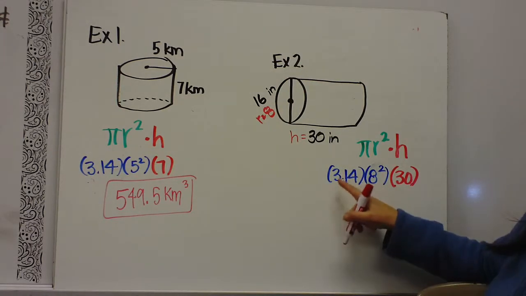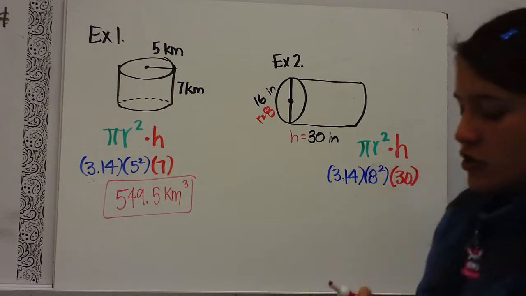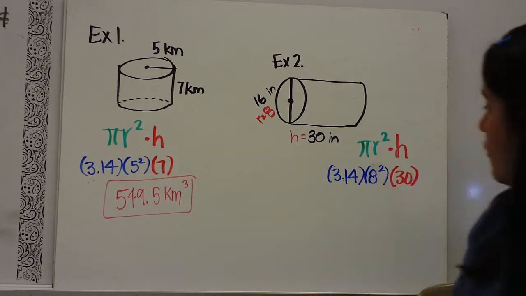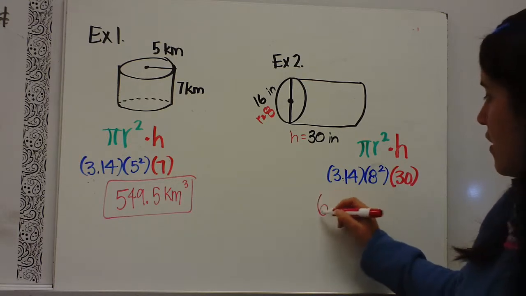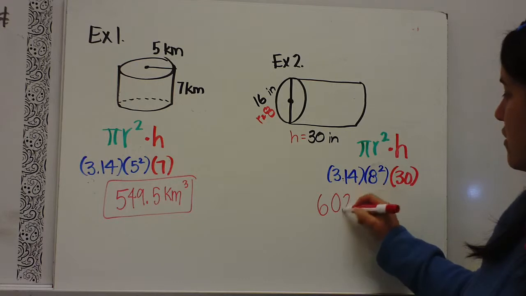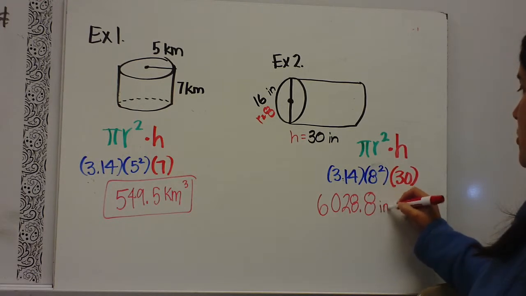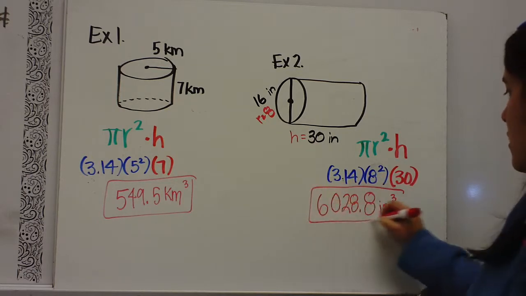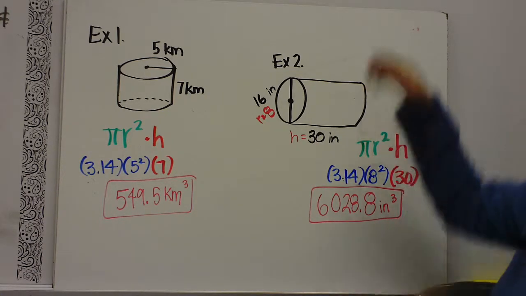I put it into my formula, pi r squared times h, and then I type it in, 3.14 times 8 squared times 30, and I get 6,028.8 inches cubed. Okay?